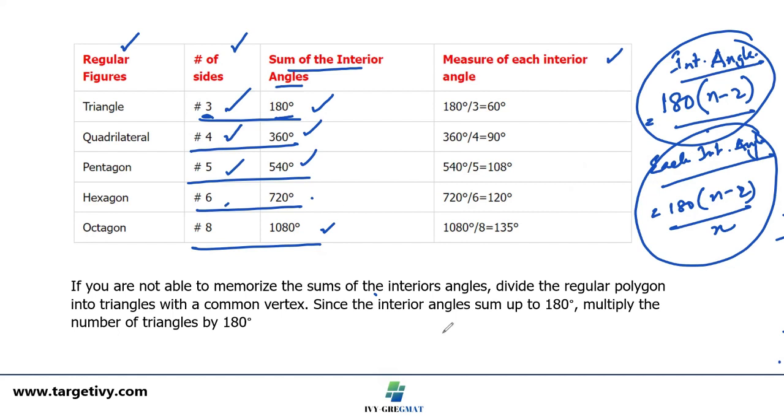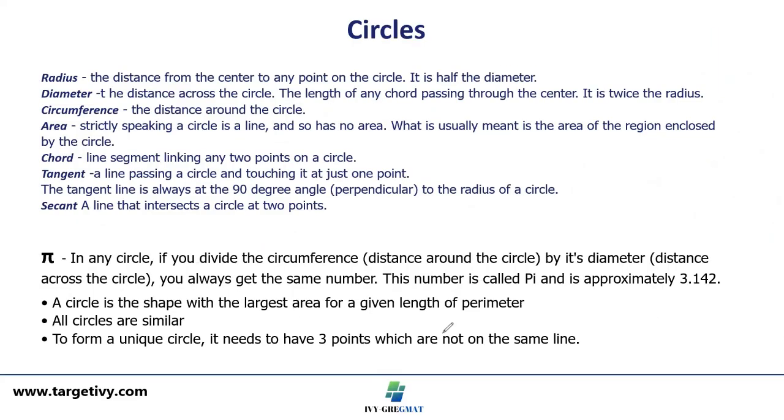Now, once we are done with figures having vertices, having corners, let's talk about circles. Let me draw a circle first. May not be an appropriate correct one, but okay, this will serve our purpose. The radius is the distance from the center. This is the center of the circle. This is the radius of the circle.